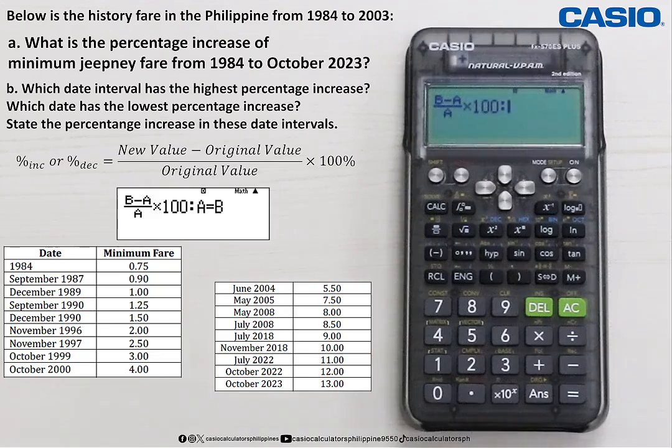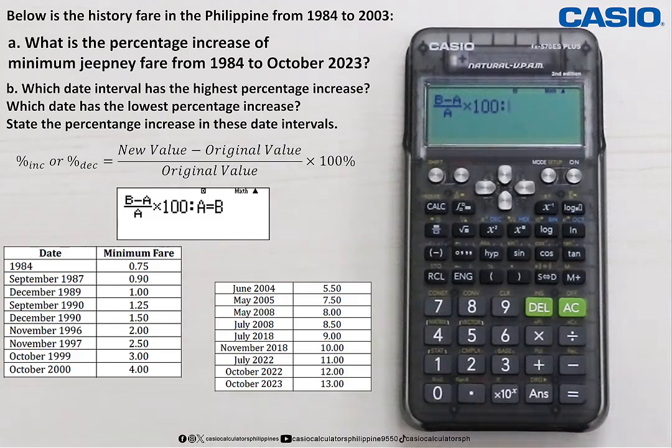So for example, in September 1987, the new value is 0.90, while the original value in 1984 is 0.75. Now, to have the new set of percentage increase, the new value becomes December 1989, which is 1 peso, and the original value now becomes September 1987, which is 0.90 pesos.